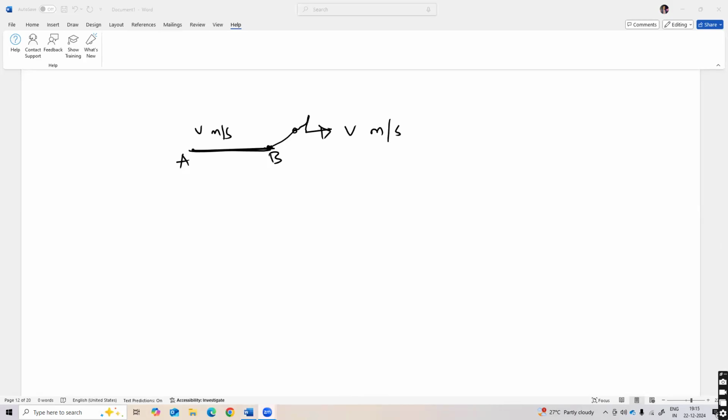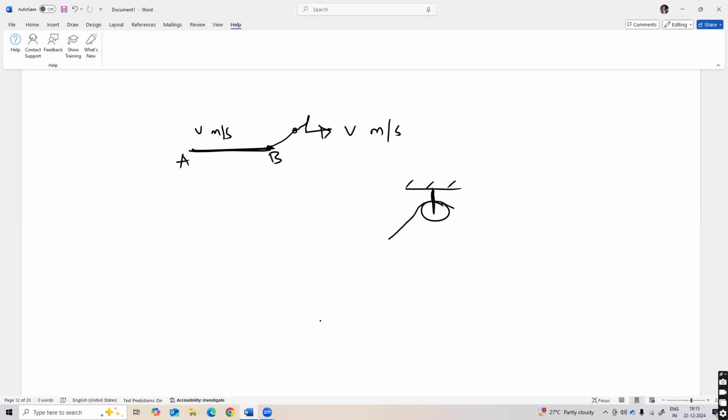Okay, so similarly, this is the definition of what we call constrained motion.